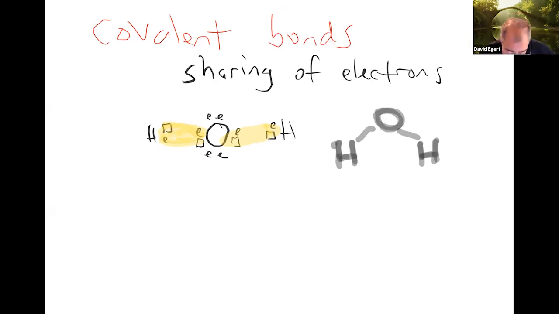I drew this as a kind of bent shape, and that's because the lone pair electrons tend to push the protons of the hydrogens down. So you actually get something that's not symmetrical. This is what I would call a polar covalent bond.